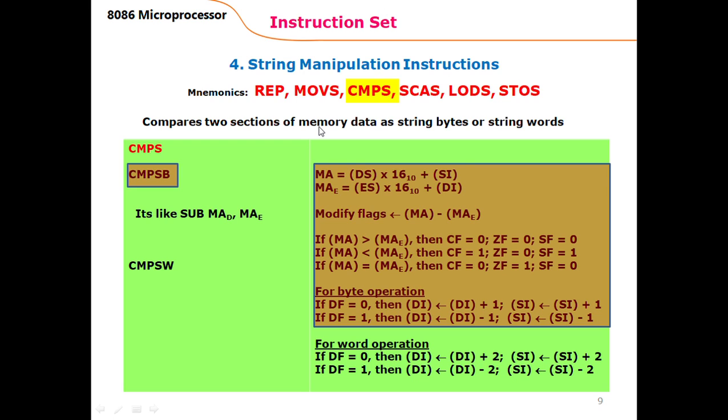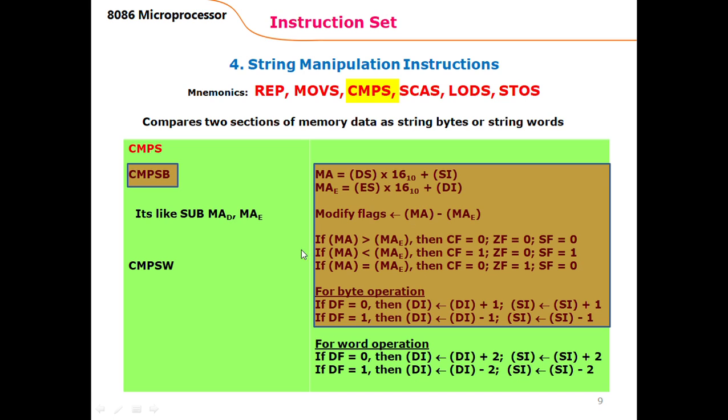Let's suppose that address is represented with MAD, the memory address or physical address of the data segment. To calculate that, the 16-bit value from the data segment register is left shifted by 1 hexadecimal digit, and the source index offset address is added to get the physical address. In 8086 it's a 20-bit physical address. Then the physical address of the destination is also calculated by left shifting the 16-bit value from the extra segment register, and then the offset address from the DI is added, so a memory address for the extra segment is calculated.